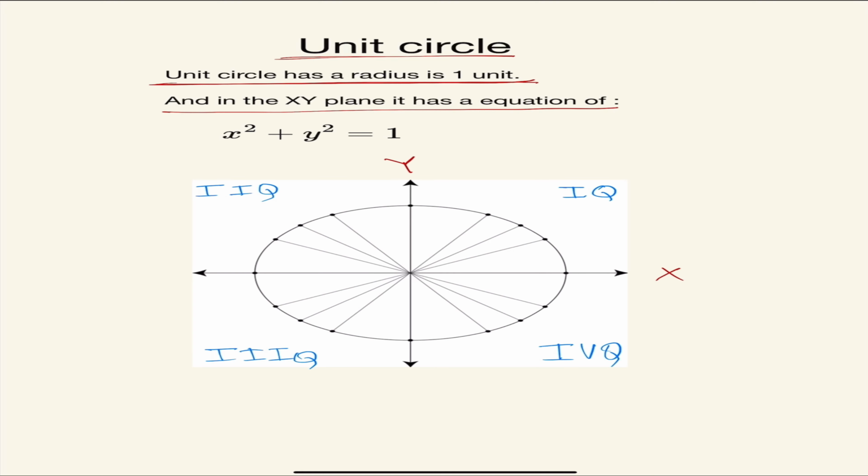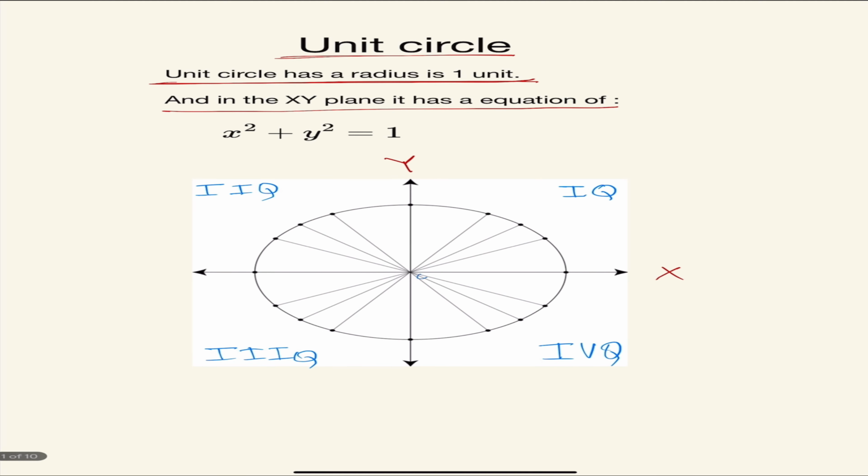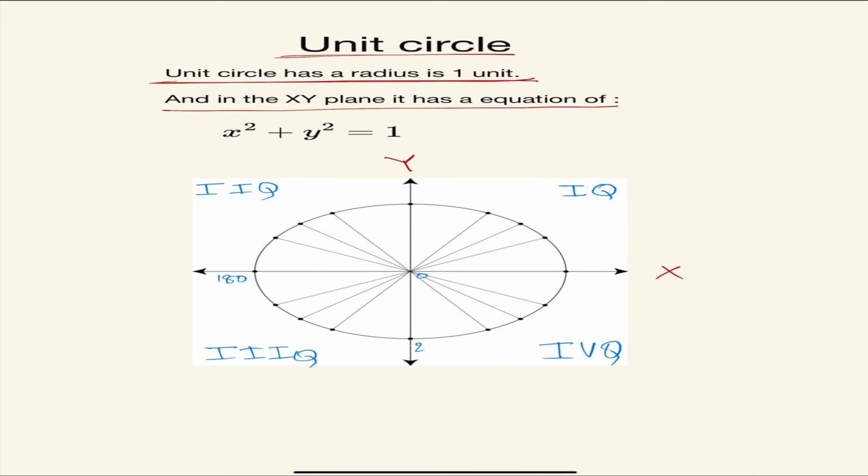So here we can write 0. You can say 0 degrees, and this is 180, this is 270, and if you go all the way here, it's again 360.